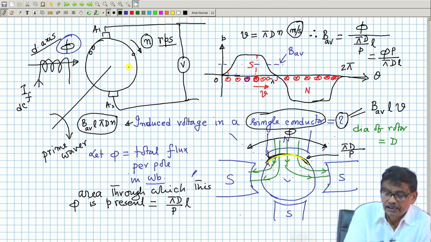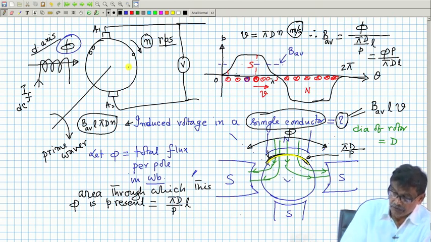One should not tell that this is the induced voltage in a single conductor, average induced voltage, and suppose Z is the total number of armature conductors, just do not multiply it with Z by A, Z, then it will be wrong, because all the parallel paths have definite number of armature conductors.